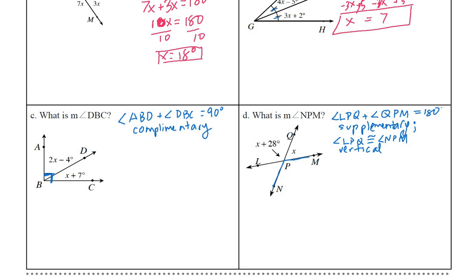Next, I have complementary angles, so these two angles will add to 90 degrees. That's 2x minus 4 plus x plus 7 equals 90 degrees. Combine like terms, getting 3x plus 3 is equal to 90 degrees.